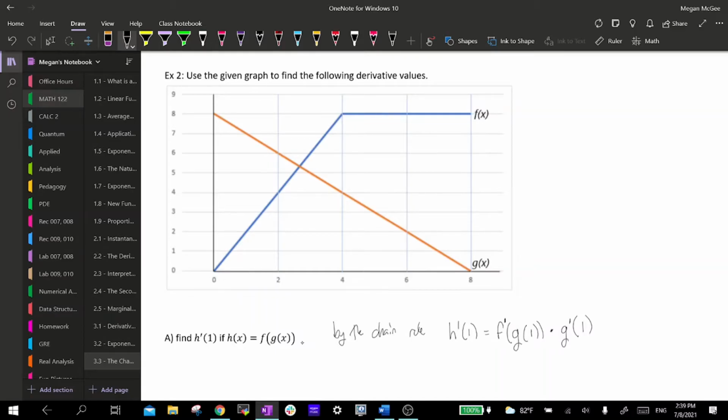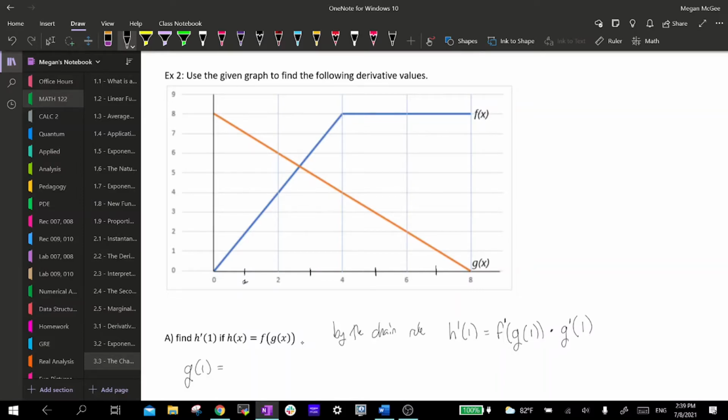All right, so first things first, let's go ahead and try to figure out what g of 1 is based on our graph. So g of x is our straight diagonal line here. It's the orange line. And it looks like we have tick marks only every 2. Okay, so this is 1 right here.